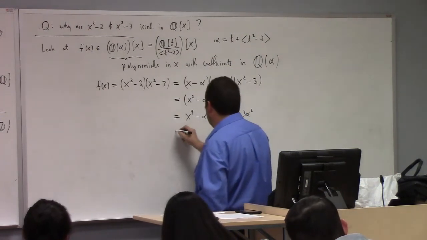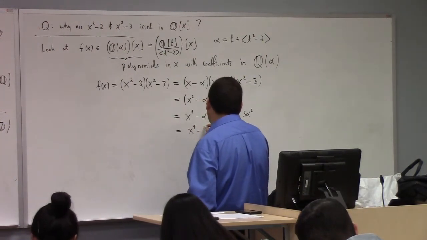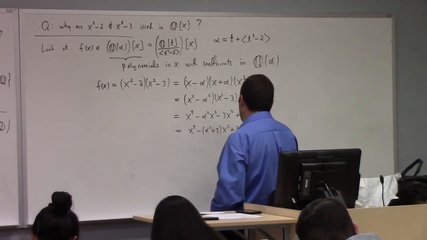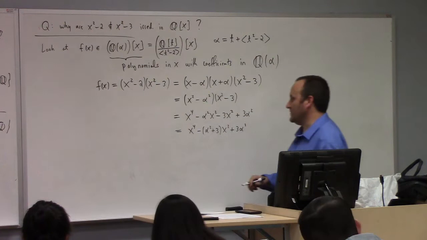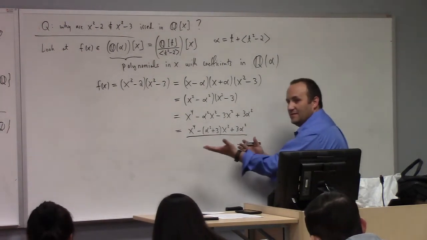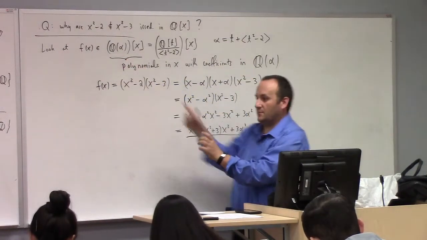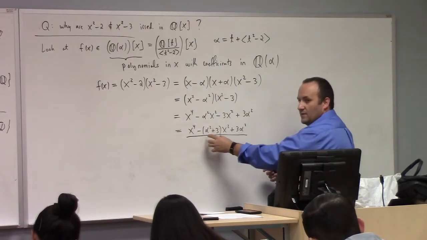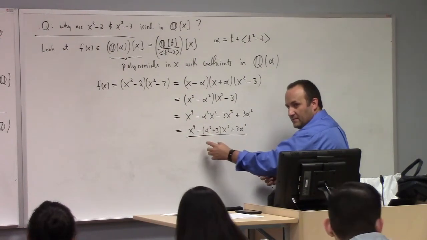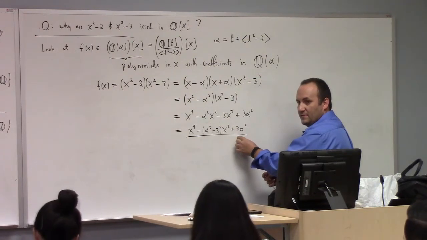All right, let me try this. Look, I don't really need to do this, but my point is, it should now be clear, if it wasn't already, that this is a polynomial over Q adjoin alpha, right? The coefficients 1, here's the coefficient alpha squared plus 3, right? Which is in Q adjoin alpha. And this is, of course, also in Q adjoin alpha, right?